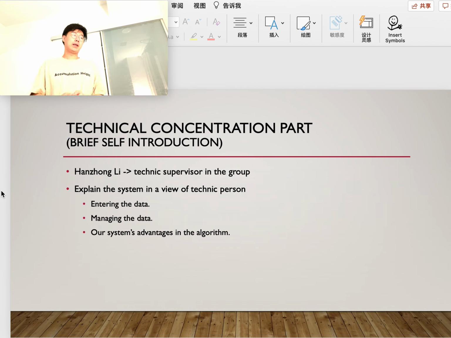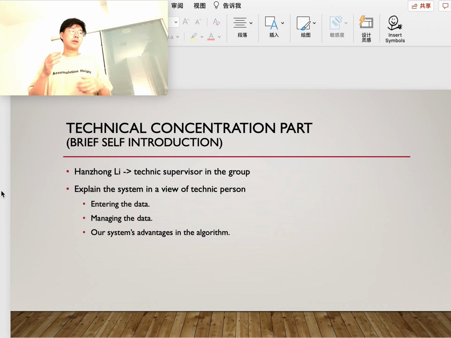Thanks to my colleague Jack for his introduction before me. He explained why he would choose our system from the view of a person who wants to get the result. Just as my teammate Jack said, the electronic voting system for elections can get the result of the election in a faster and more accurate way.